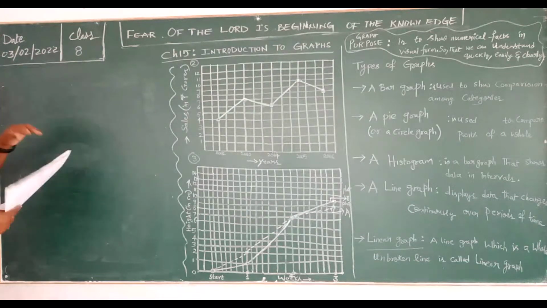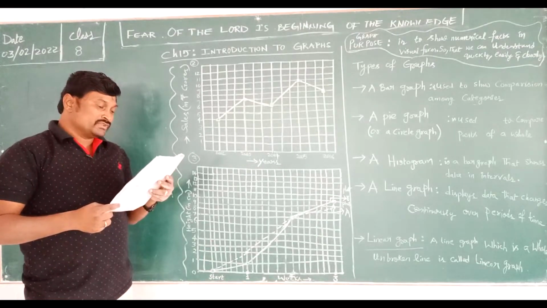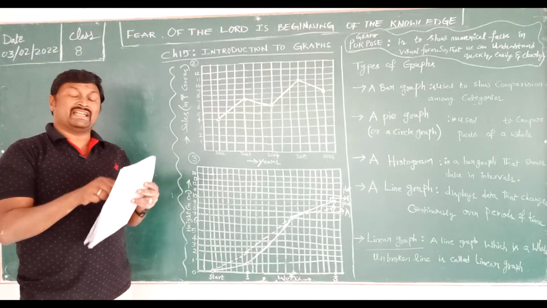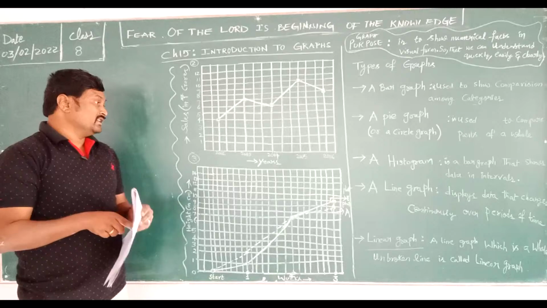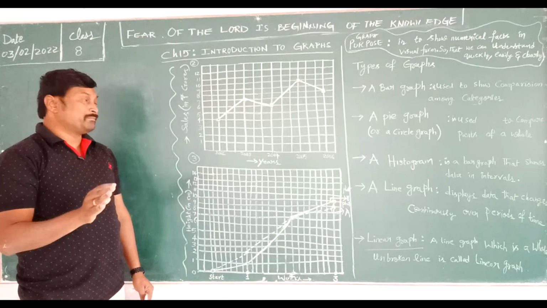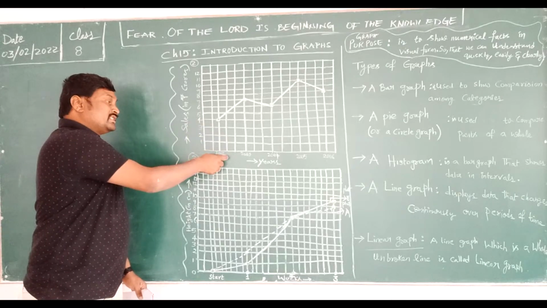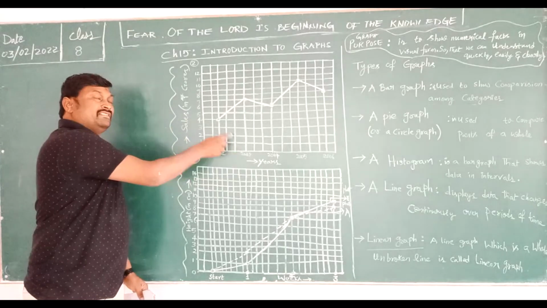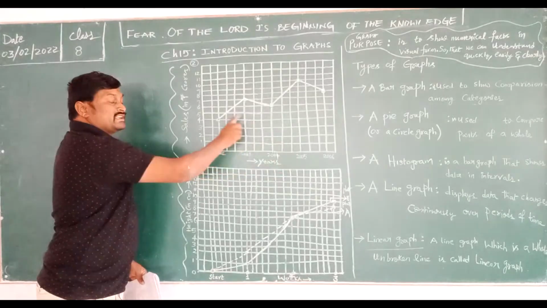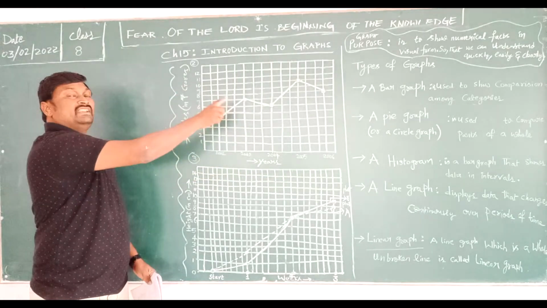The problem says the following line graph shows the yearly sales figures for a manufacturing company. So there is one manufacturing company, what it is manufacturing they did not mention, but their sales in 2002, what is their sales, 2003, 2004, 2005, 2006, a line graph is given.